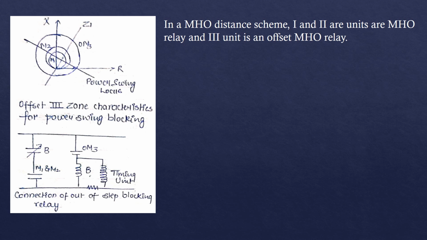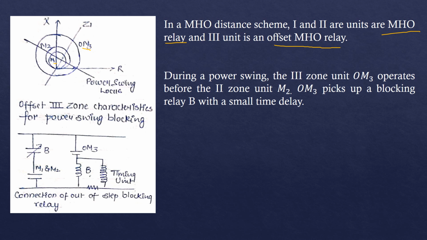For that, we are using a Mho distance scheme. The first and the second units, represented by M1 and M2, are the Mho relay characteristics, whereas the third unit OM3 is the characteristic obtained with the help of an offset Mho relay.